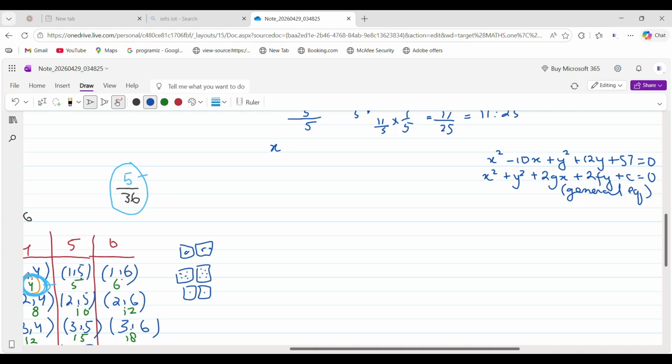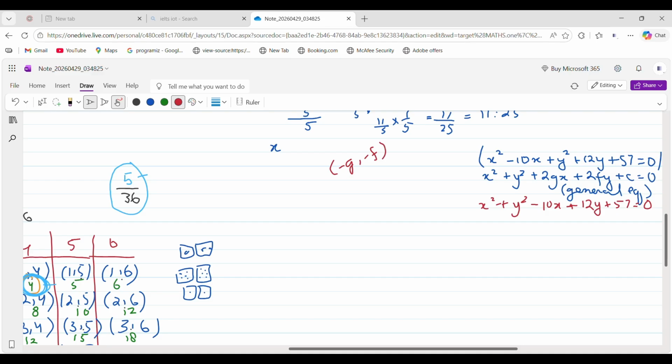Okay. So if I write this in a proper way again, x square plus y square minus 10x plus 12y plus 57 equals 0. By comparing it, see, my center would be minus g comma minus f here.